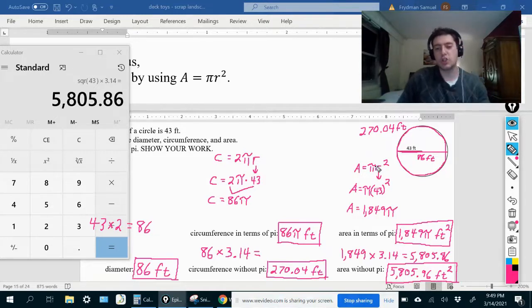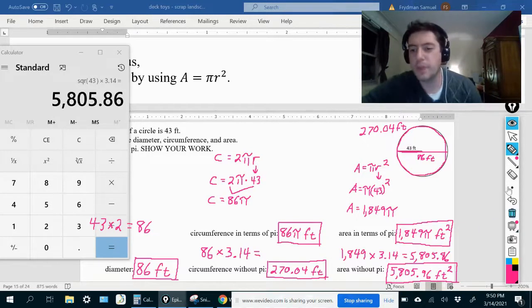If you just want to show your work and then just write the final answer over here, instead of writing it here and then again over here, that's fine also. Do try to put the units in though. Let's get some practice putting the units in. So feet for circumference, feet for diameter. Well, if we started with feet, then the diameter and the circumference would also be feet, and the area would be square feet.